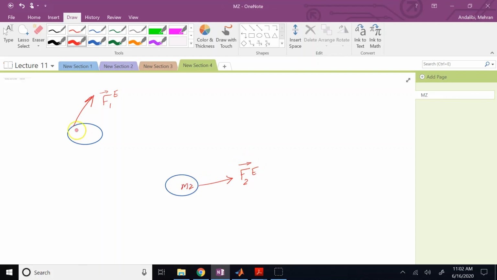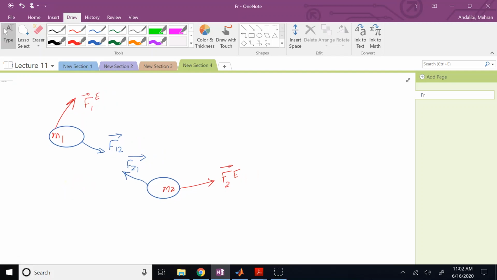Again, this is M1, this is M2, and then there are internal forces between them. This is the force applied to 1 from 2, and this is the force on 2 from 1. They are clearly action and reaction. The external forces are separate.